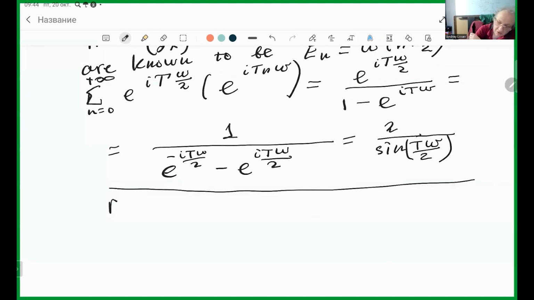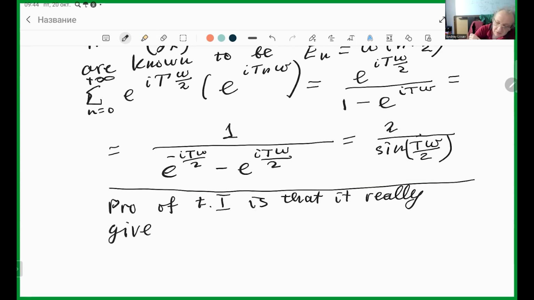So the pro of the Feynman integral is that it really gives a correct answer for the harmonic oscillator.